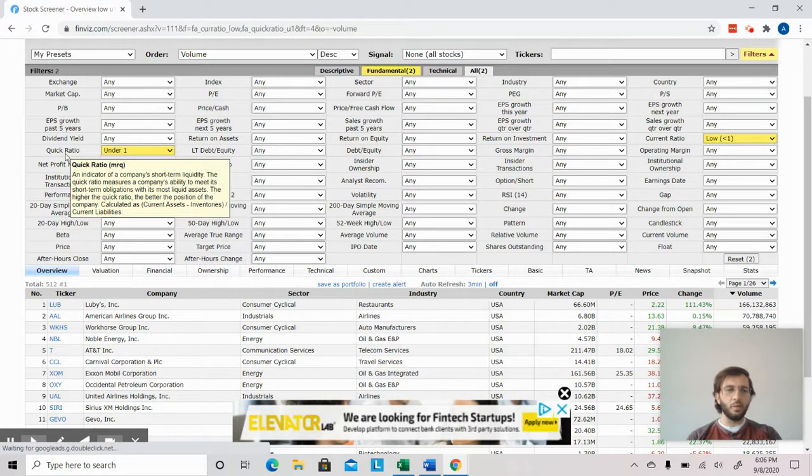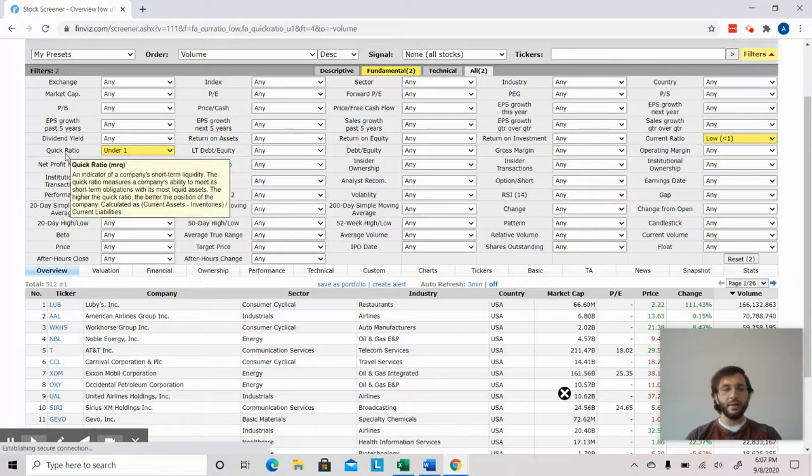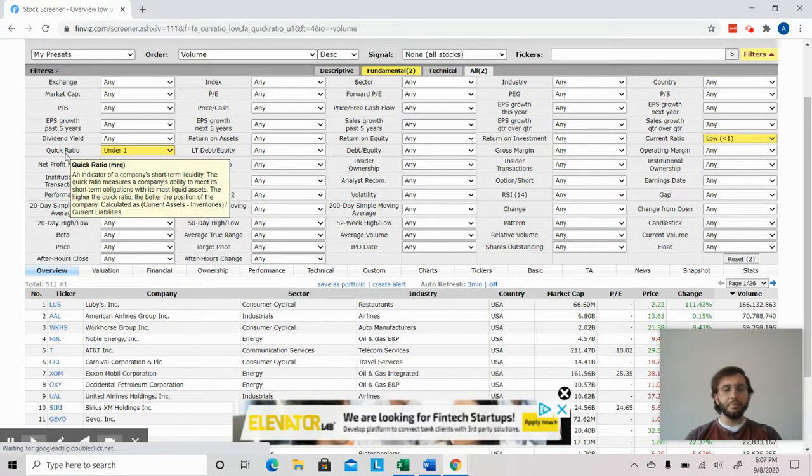There are different opinions on what the quick ratio should be. Obviously, the higher the ratio, the better, meaning their assets are higher than their liabilities. Generally, you want to look for companies with quick ratios and current ratios over one. In some cases, you might invest in other companies, maybe you know a certain fact pattern in the company.